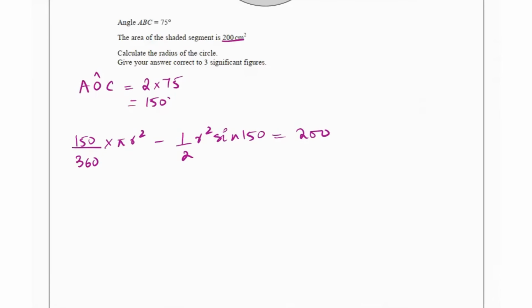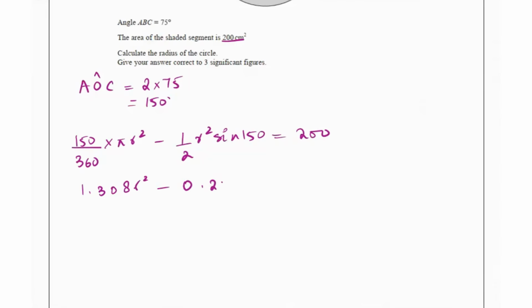As you can see, the only unknown variable over here is r, so you can easily solve this equation to find the value of the radius. So 150 pi divided by 360 is 1.308 r squared, minus, then we have sine 150 divided by 2, 0.25.